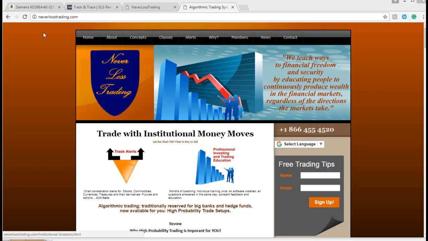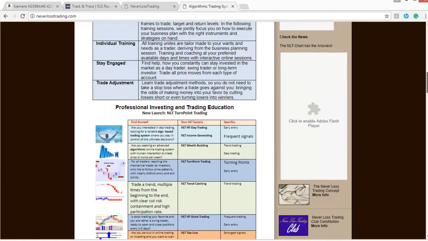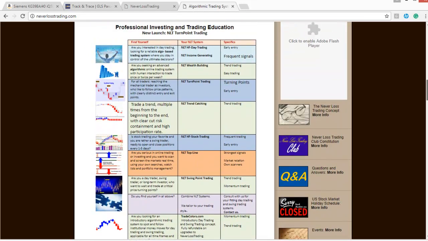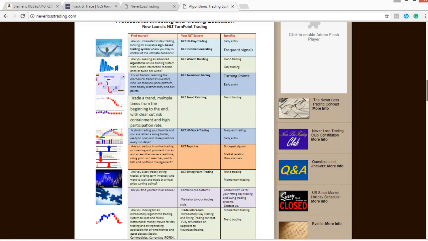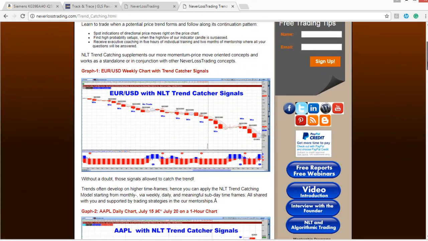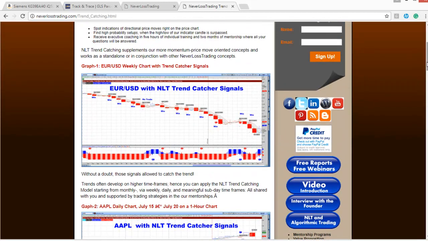When you go on our website, neverlosttrading.com, and you scroll down here, you find an overview of the different classes, concepts, and systems that we are featuring. What we did today was the Never Lost Trading trend catching model, and we only showed one of the strategies that we trade. So here you find more information about that concept, of how it works, and when you feel that could be for you, because we have different examples of trading stocks, forex, futures.